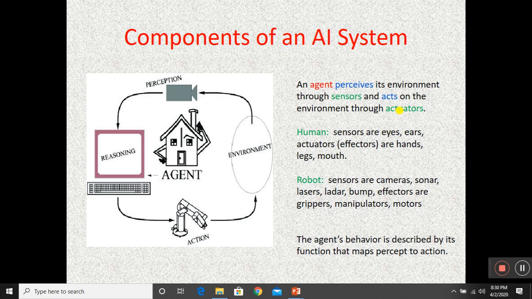The actuator is like an alarm. Whenever the sensor senses any smoke in the room, the alarm will speak out that there is some smoke inside the room. So this is an example of an agent.